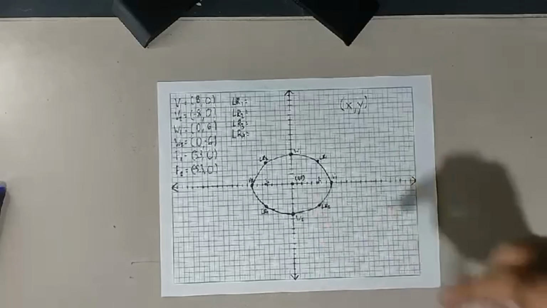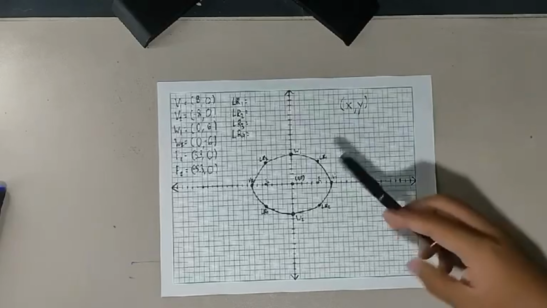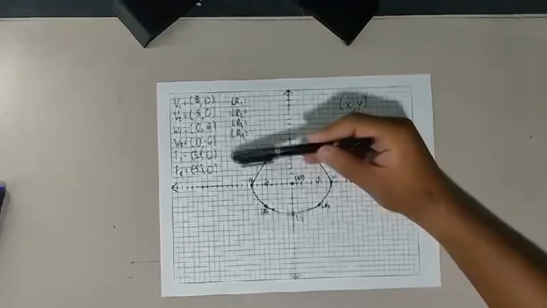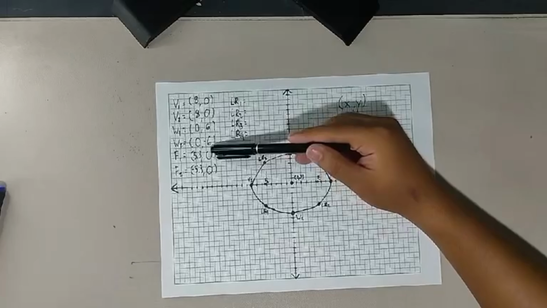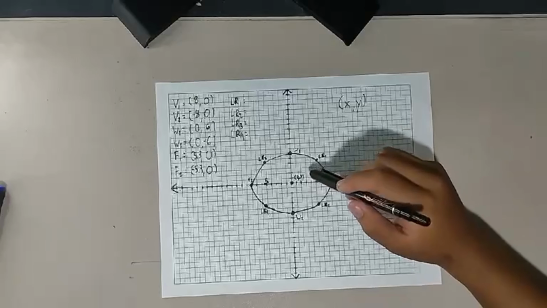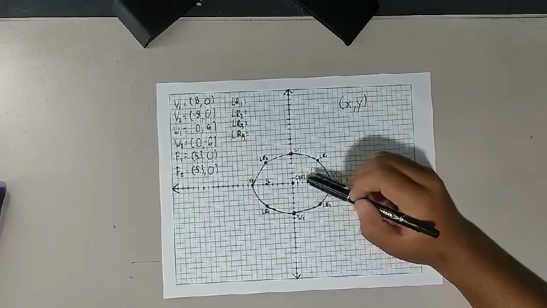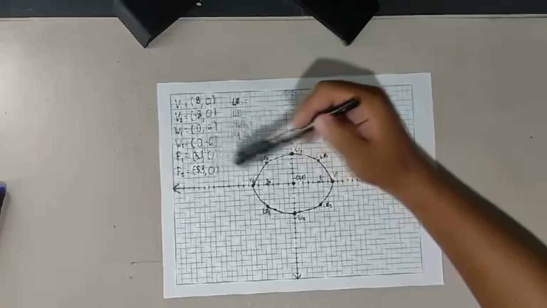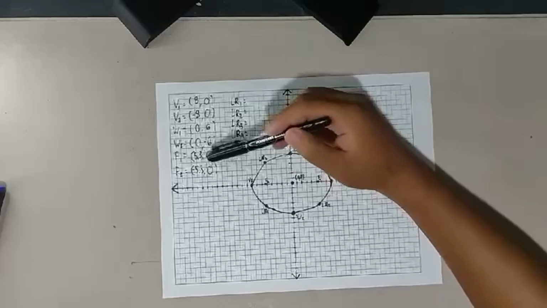Now for our foci, they're also on the x-axis, so its y is 0. And since we're going to count it, it's 1, 2, 3, 4, 5.3. So it's positive 5.3, and the other side is negative 5.3.